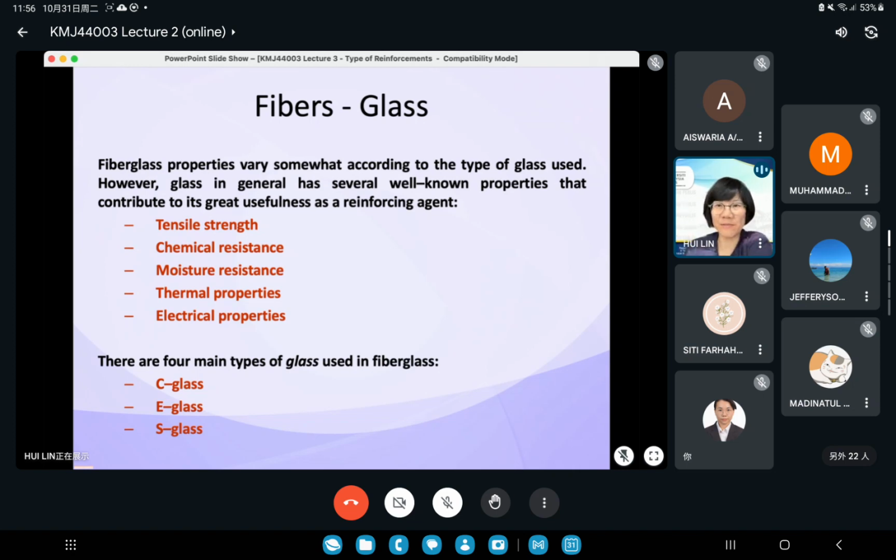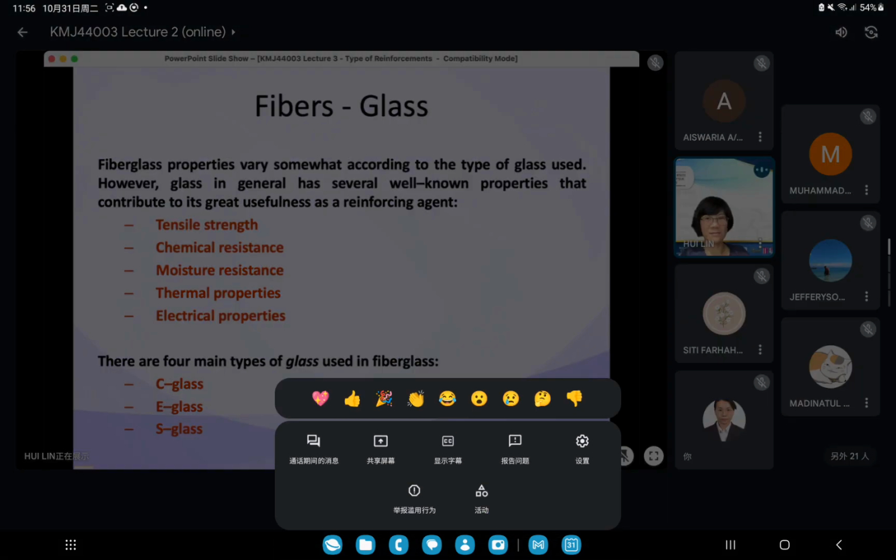When we deal with this type of glass fiber, it will be easily what? Can someone give an example? The glass fiber will be easily what? Anyone?